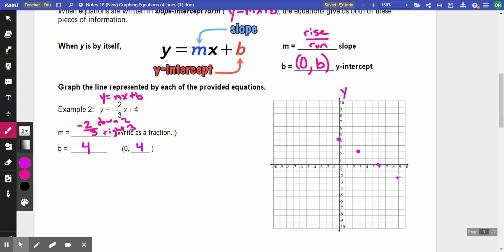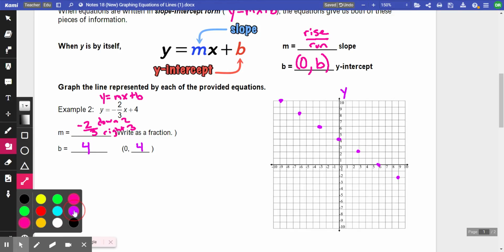Instead of going down 2, I go up 2 and to the left 3. Up 2, left 1, 2, 3. Plot a point. And then connect these points the best that you can with a straight line.